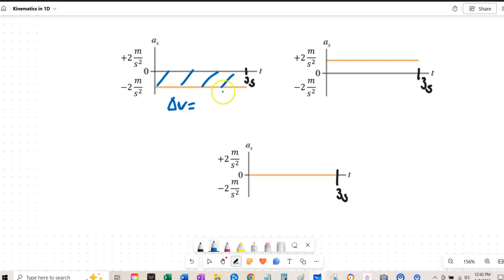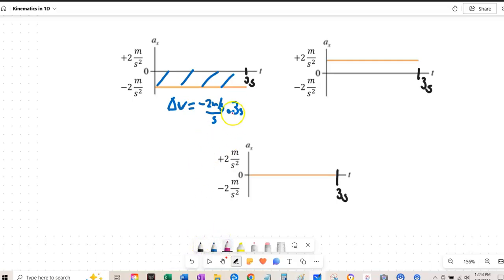So if we take that area, which is a rectangle, and we have negative 2 meters per second, velocity for every second, so that's the acceleration, times 3 seconds. I'll just keep it blue, times 3 seconds.